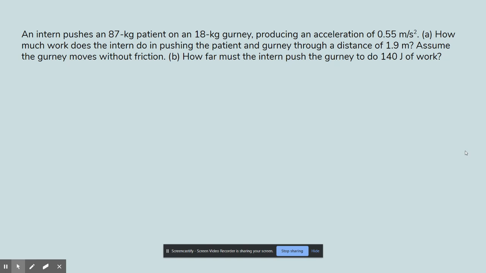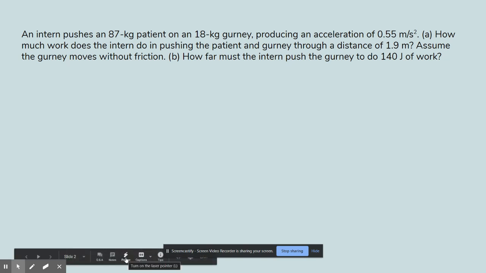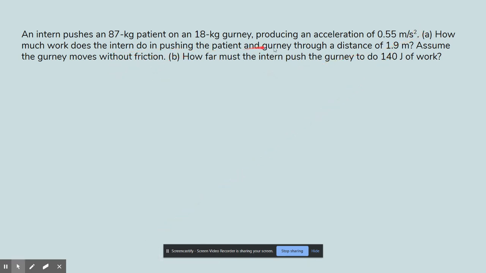So we have an intern who's pushing a patient on a gurney, and it produces an acceleration, which is given here. And I will use the pointer. So we want to know how much work this intern does over a particular distance, and we're assuming the gurney moves without friction.